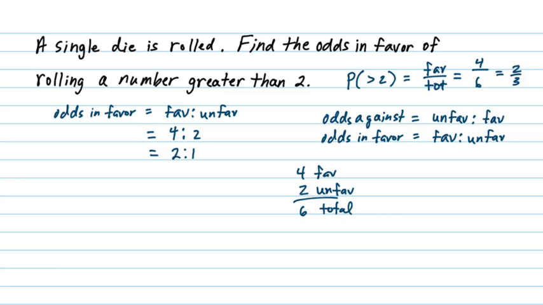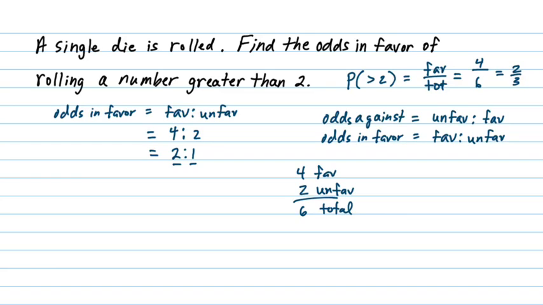So what does that really mean? It means if you roll a die 3 times, because 1 plus 2, your number of favorable plus your number of unfavorable outcomes, is a total of 3. So if you roll a die 3 times, 2 times you would expect to get a favorable outcome, or a number greater than 2. 1 time you would expect to get an unfavorable outcome.